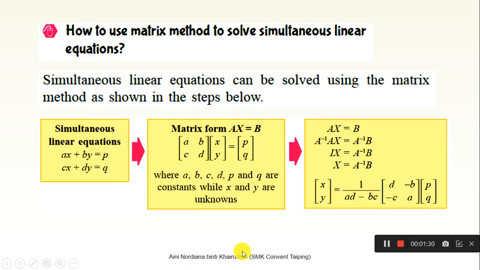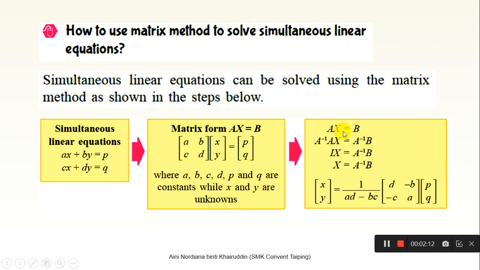So this is the simultaneous linear equation in the form of ax plus by equals p and cx plus dy equals q. In matrix form, AX equals B. These are the values of the coefficients of x and y here, and then you put the unknowns x and y here, and the answers p and q, where a, b, c, d, p, and q are constants, while x and y are unknowns.